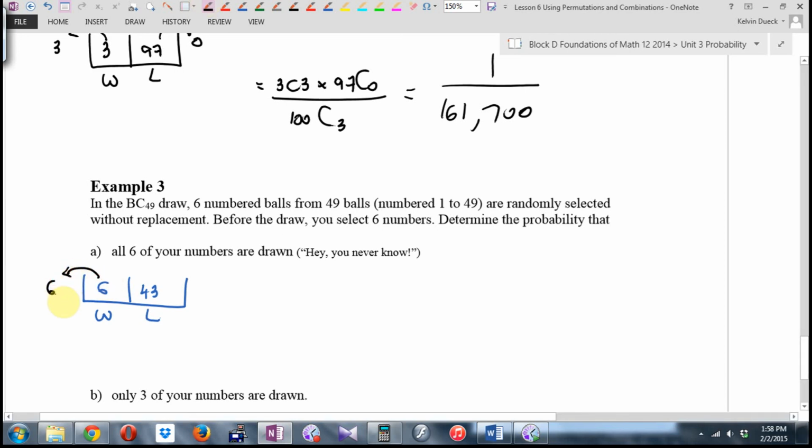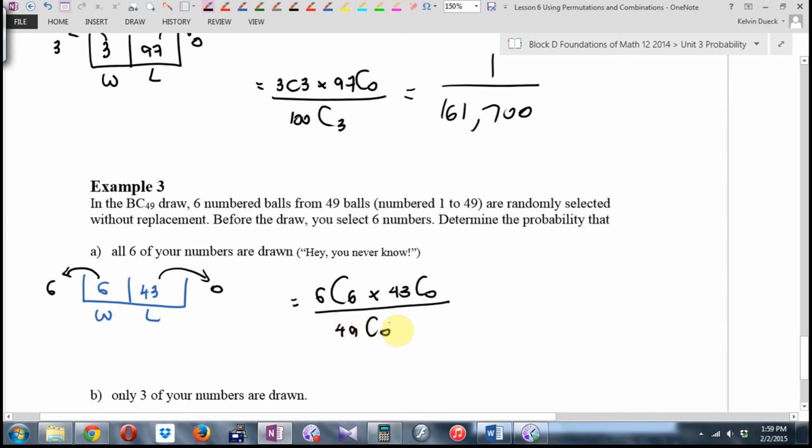How many of the losing numbers do you want to choose? You've always wondered. Over what? 49, choose 6.